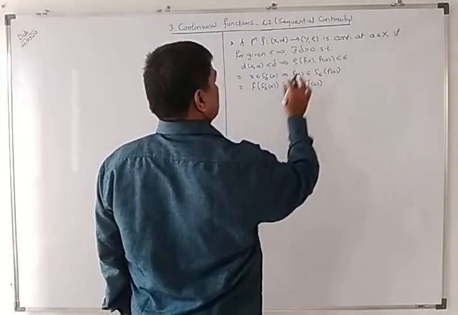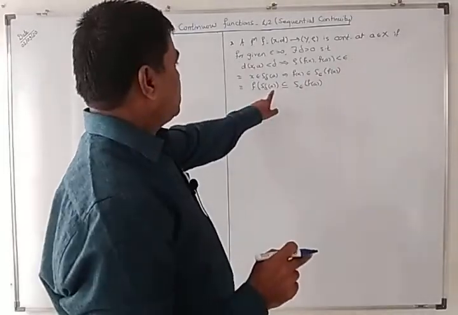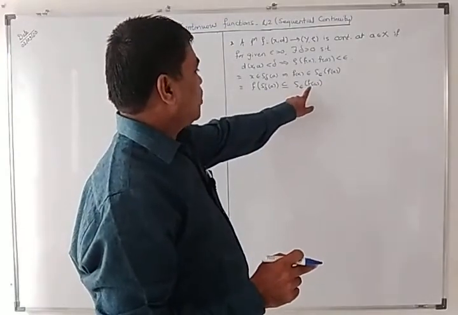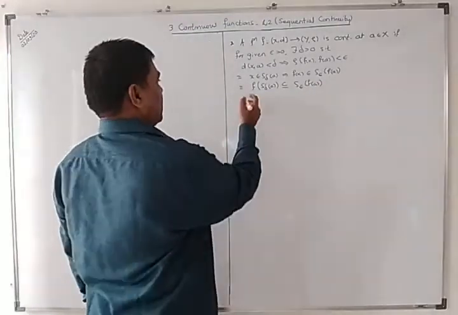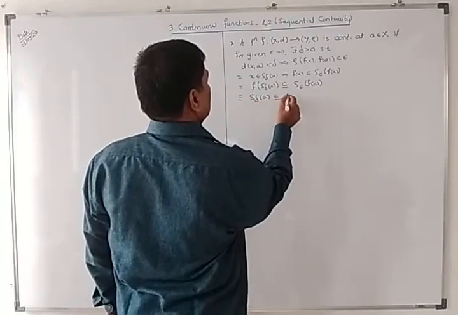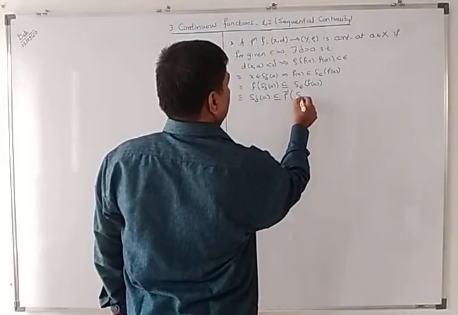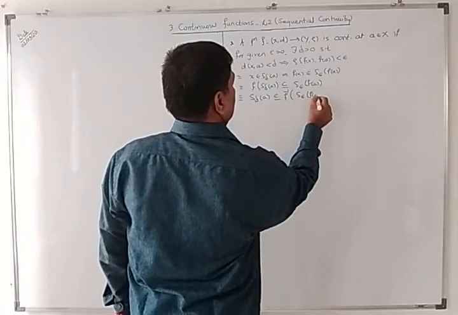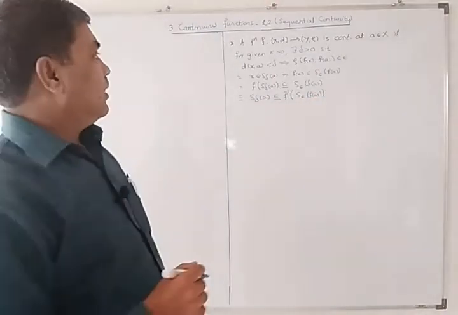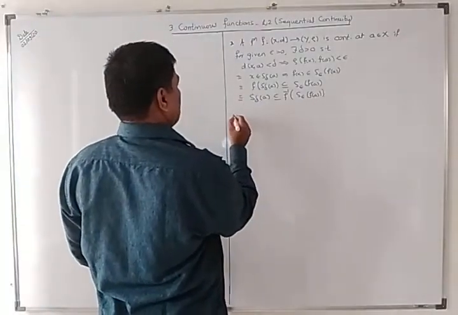For given epsilon greater than 0, there is always some delta greater than 0 such that the image of the open sphere about a with radius delta is contained in the epsilon open sphere about f(a), and then this is equivalent to S_delta(a) is contained in the inverse image of the open sphere S_epsilon(f(a)). Right? These are the equivalences for continuous function. Now we'll take the theorem.